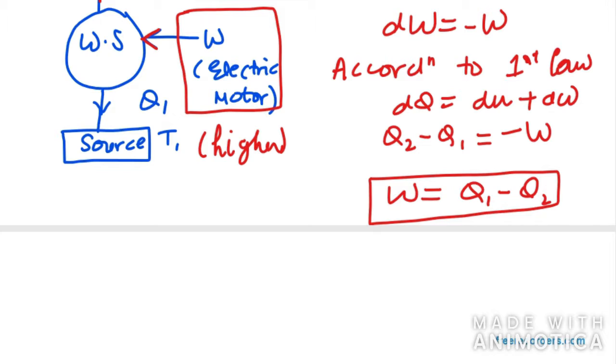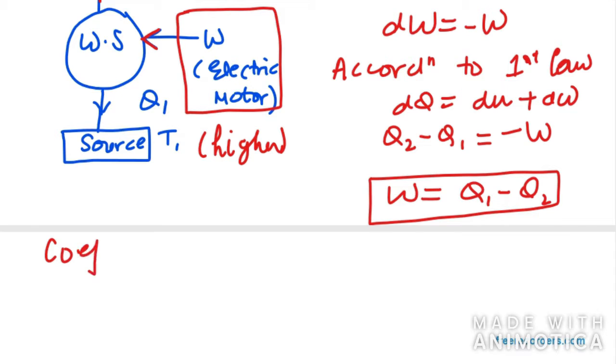Now, as in the case of heat engine, where we did the derivation of thermal efficiency, in this case we would be finding the coefficient of performance, like what will be the performance of the refrigerator at different temperature.